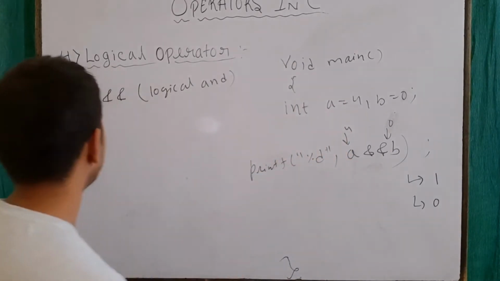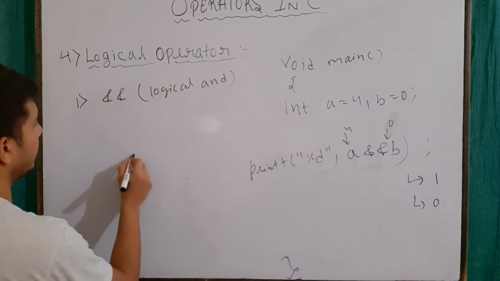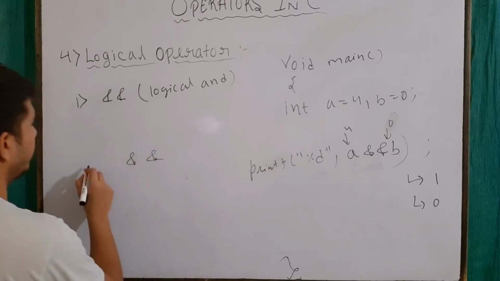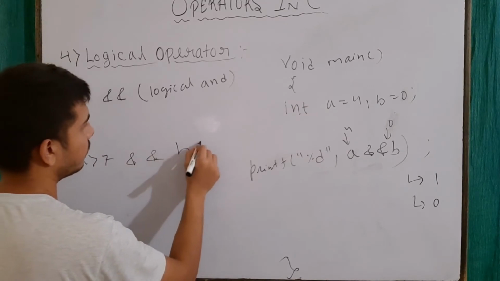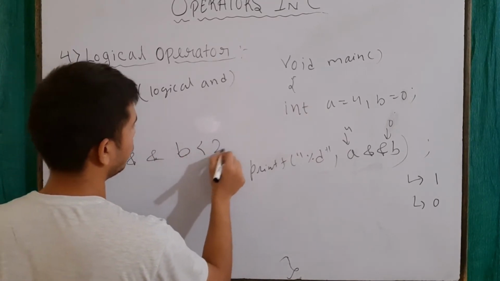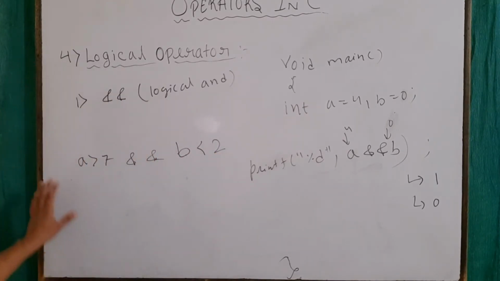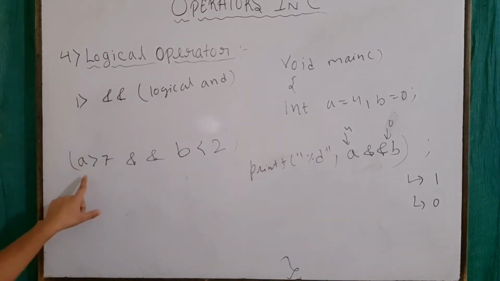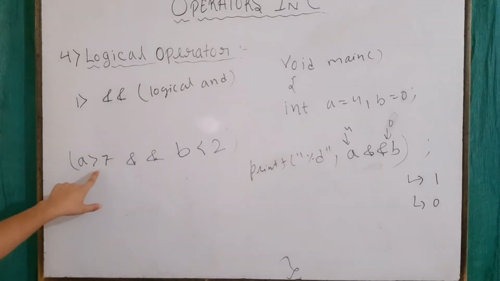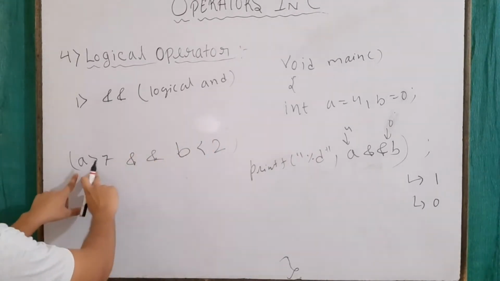Let's go through another example. Let's say I'm writing here A greater than 7 AND B smaller than 2. Now A is 4. Is 4 greater than 7?